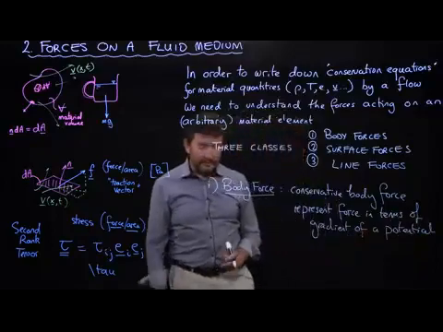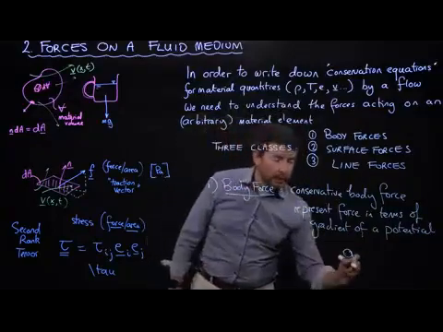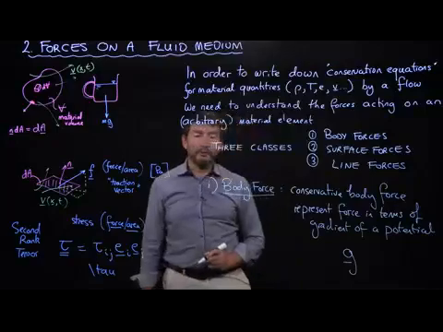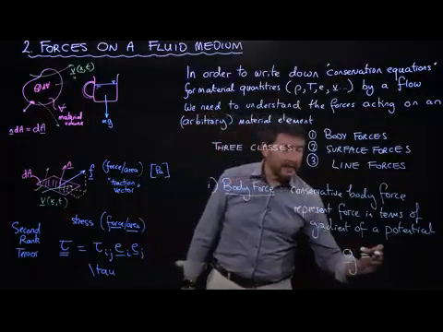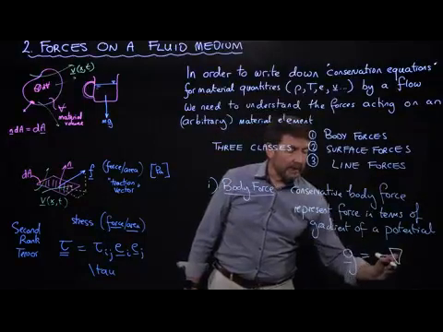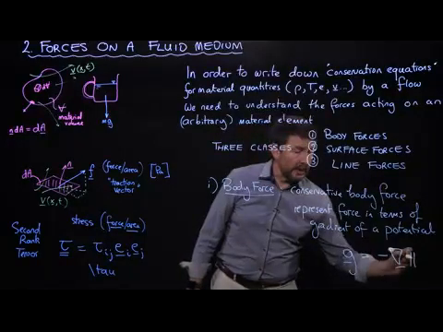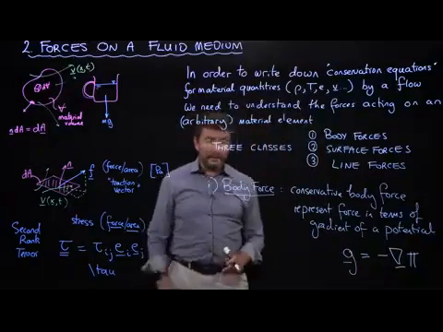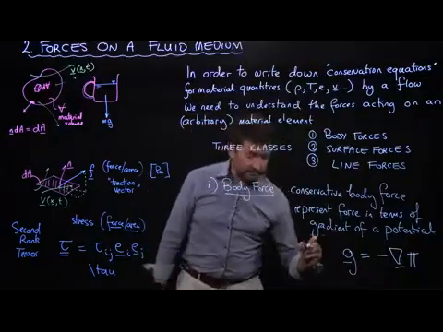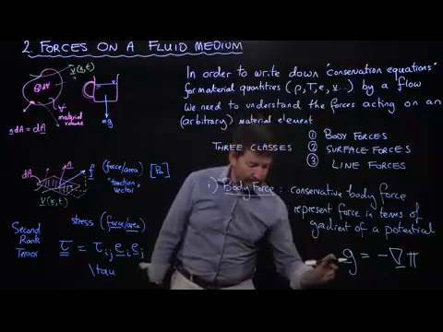And the potential would be a scalar, and so typically we might write a gravitational body force per unit mass, in terms of the gradient of some potential, which I'll generically represent by pi.